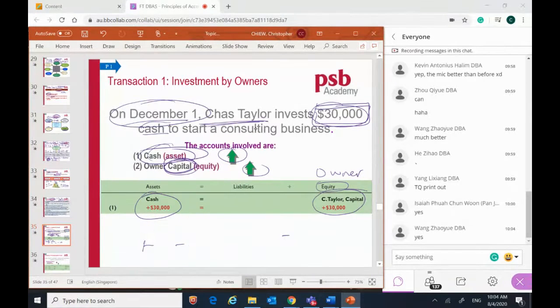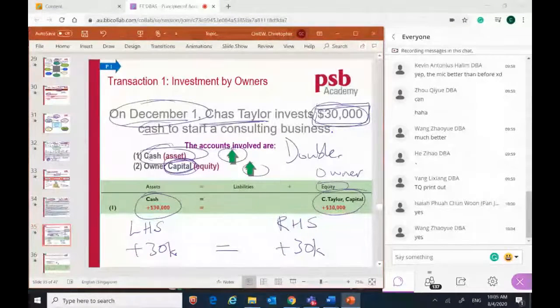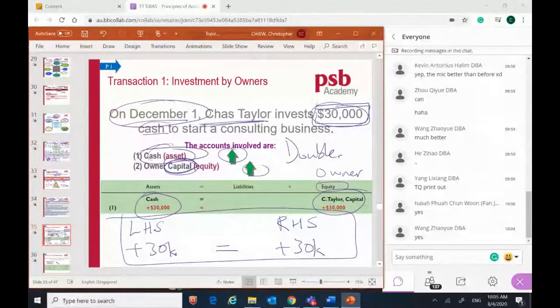Look at the accounting equation. Your left hand side and your right hand side. The left hand side plus 30,000. The right hand side plus 30,000. Is it equal? All right. So can you see the double effect here? And the accounting equation remains equal.